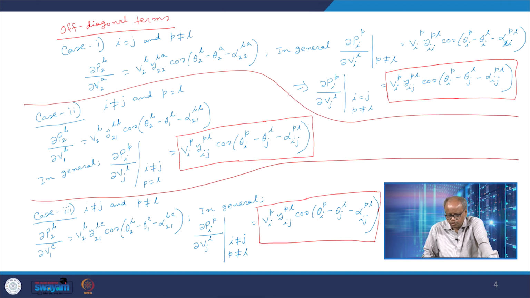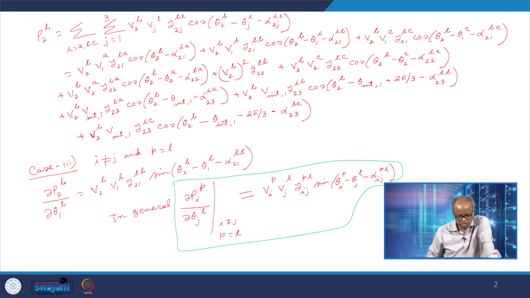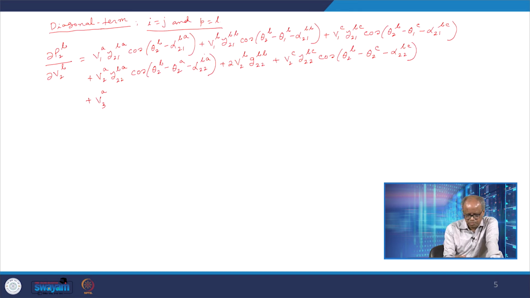Then, to put it in a common platform, V internal 1, it would be V3A, because it is V internal 1, right. V internal 1 is V3A: V3A Y23BA cosine(theta 2b minus theta 3a minus alpha 23BA), correct.